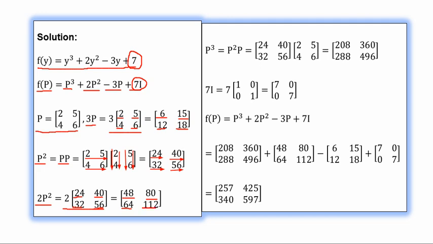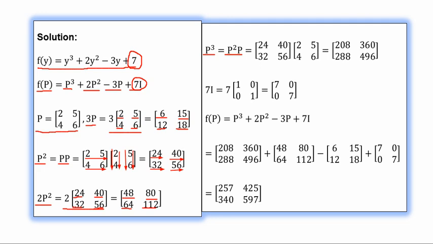112. The next matrix we need is P cubed. Since we know P squared, we can express P cubed as P squared times P from the law of indices.